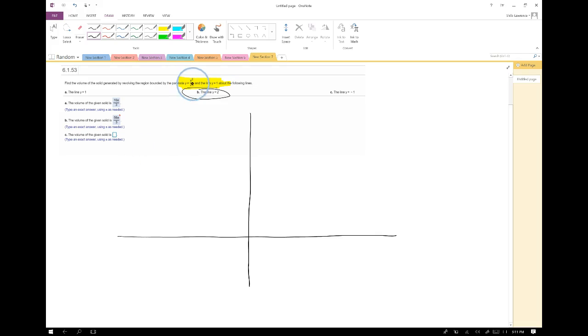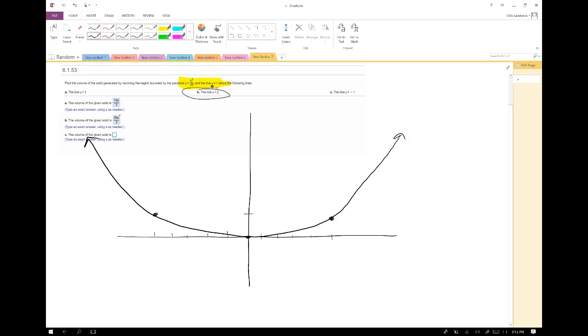If you plug in positive 5 and negative 5 for x, you'll get 1 for y, and it also goes through 0, 0. You could get these points and what this graph looks like just by using your graphing calculator. So it's a really wide parabola.